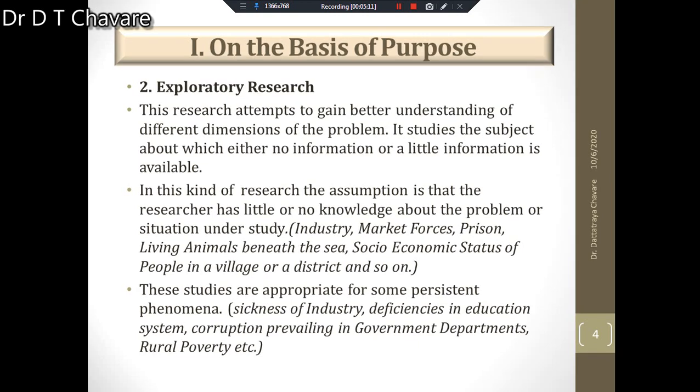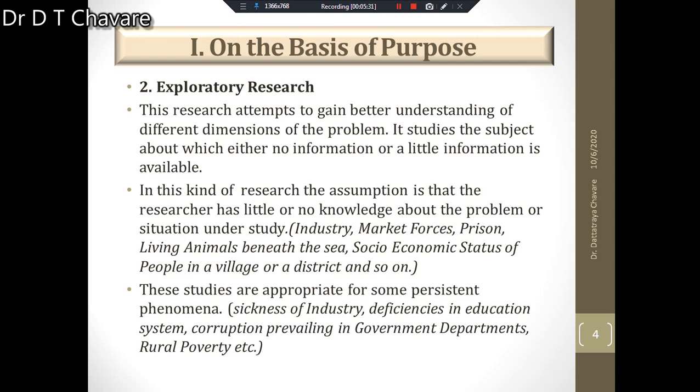Then the second type we have to understand is exploratory research. This research attempts to gain a better understanding of different dimensions of the problem. It means that with the help of this research we can get full information about that problem.